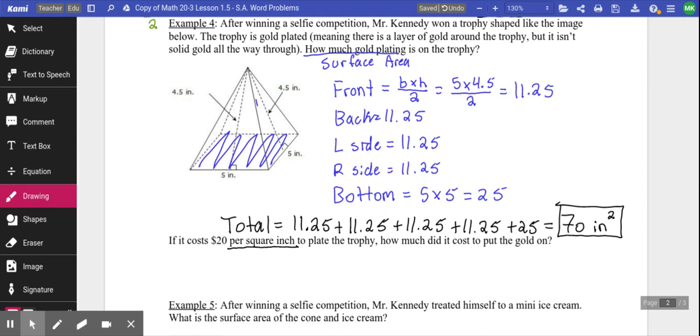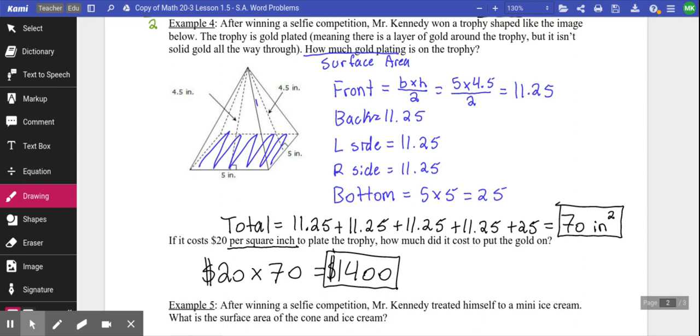That means every one of these square inches costs $20. So if you want to figure out what the whole thing costs, you're going to go $20 and you're going to multiply it by the 70 square inches you have to get, was it 1,400? $1,400 trophy. And that's just for the plating around it.